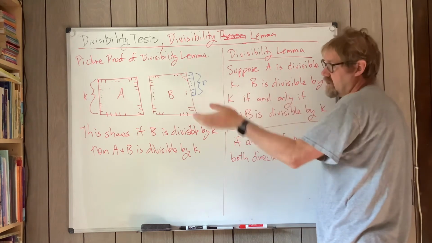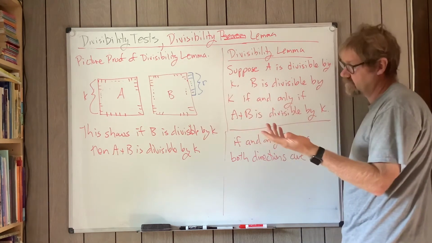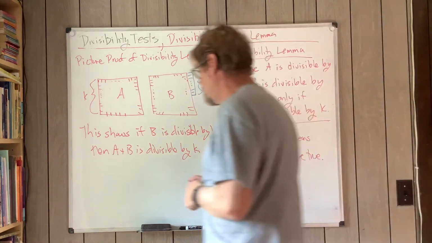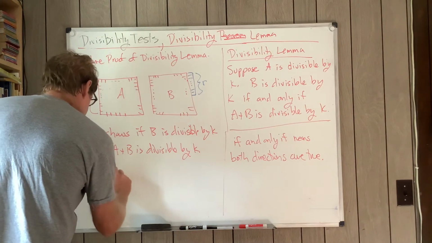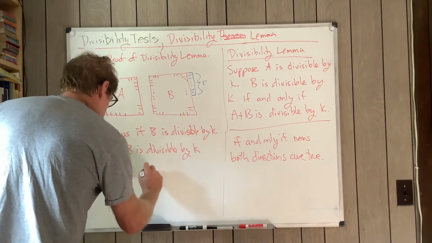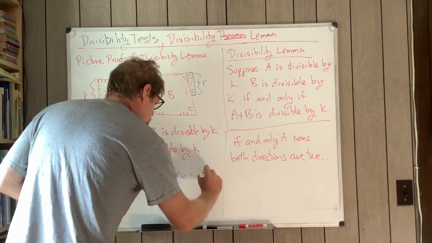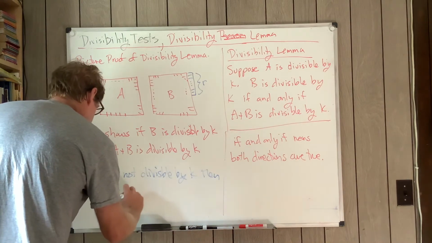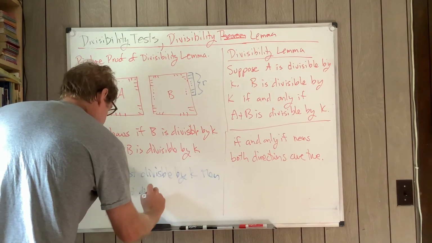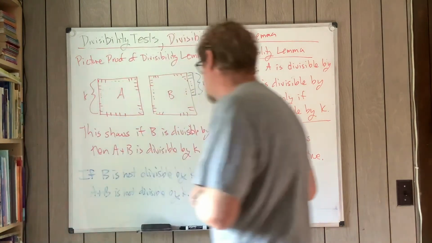So I break up into K rows however much I can, but I've got a little bit left over. So if B is not divisible by K, then A plus B is not divisible by K. So that also is a nice little picture of that.